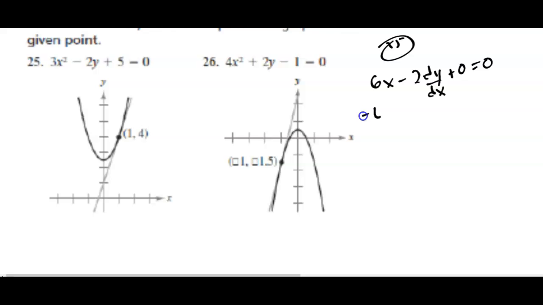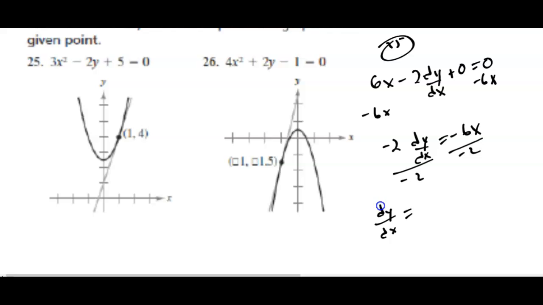So now subtract 6x. So negative 2 dy over dx equals negative 6x. And then divide by negative 2. So dy over dx equals 3x. And now all we gotta do is plug in our x value 1. So 3 times 1 equals 3. This is m. Alright, m is 3.